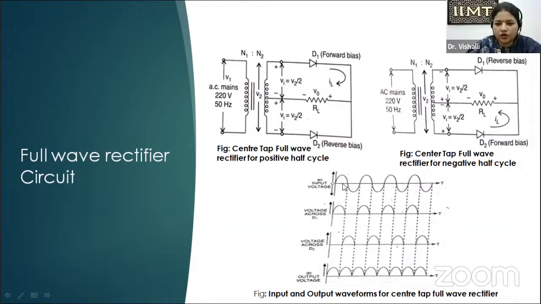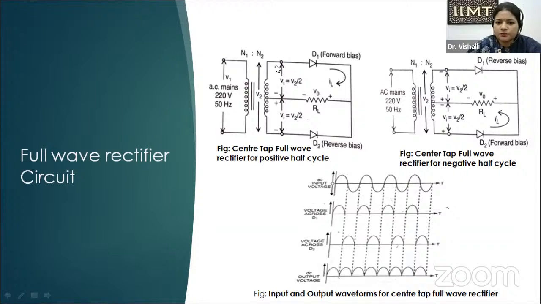First we will talk about the positive half cycle. During this positive half cycle, the upper end becomes positive and the lower end becomes negative. So it is clear from the diagram that diode D1 has its P side connected to positive.